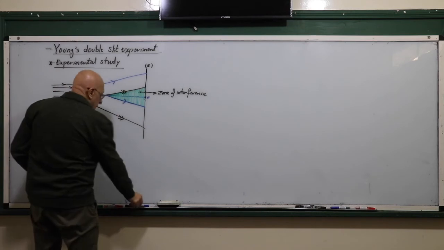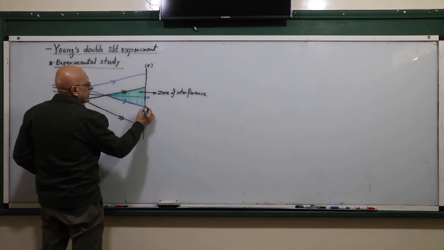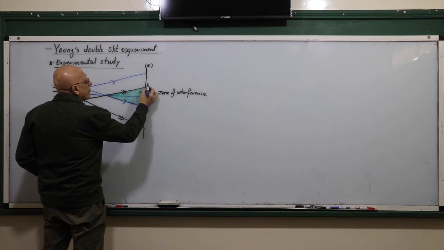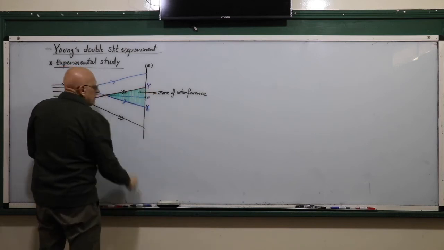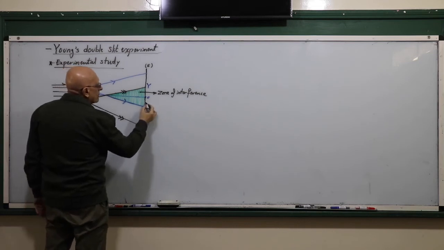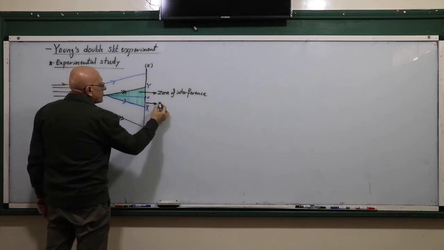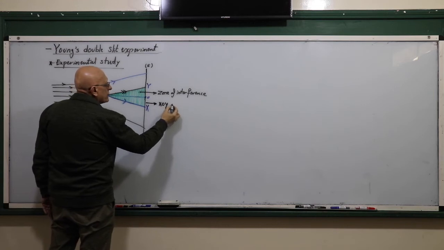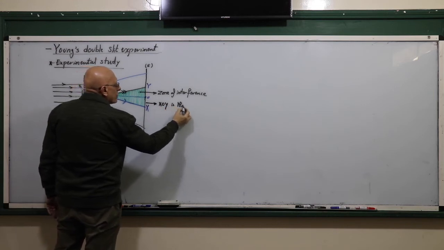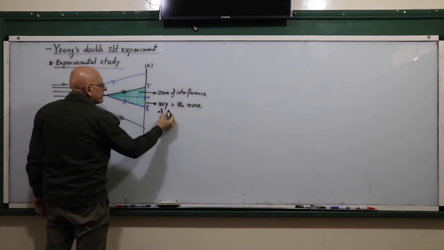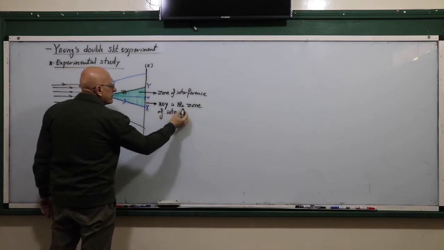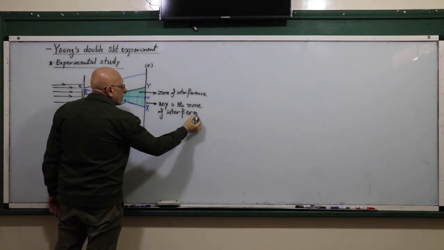If I call this point capital X, and this one point capital Y, XOY is the zone of interference on the screen.